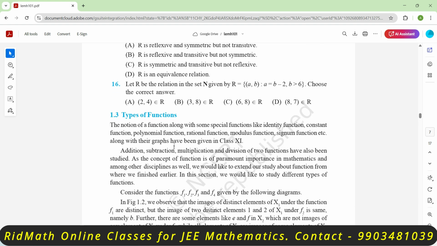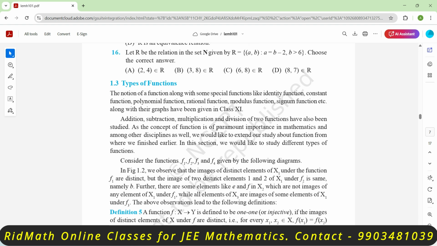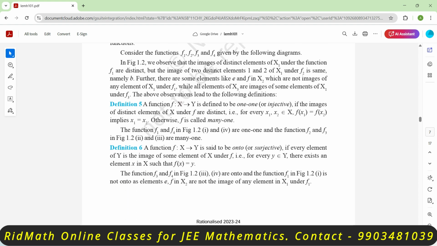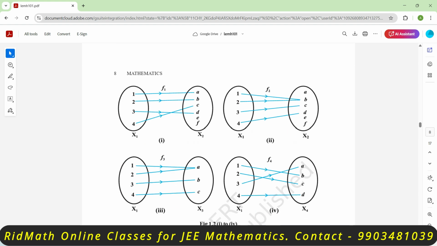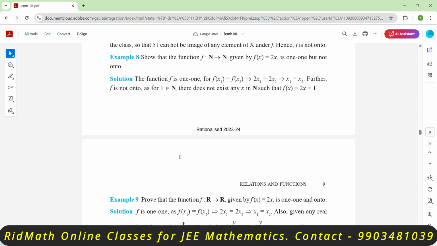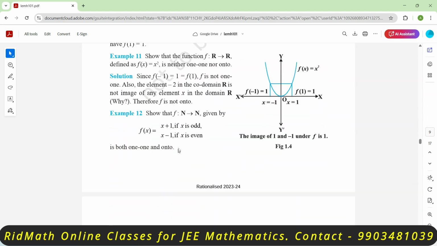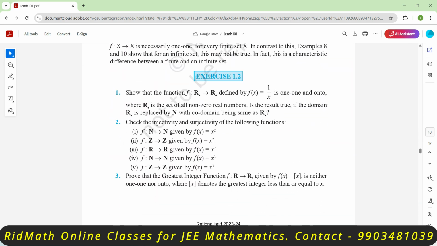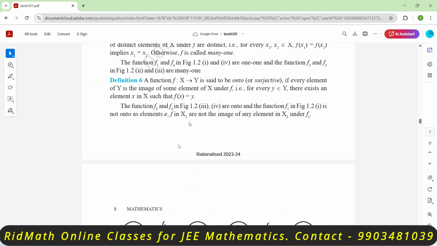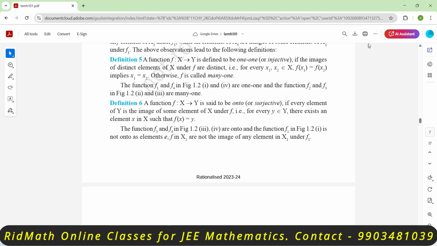This is your homework for this week. And next class, we will learn about types of functions: one-one function, many-one function, onto function and bijection.